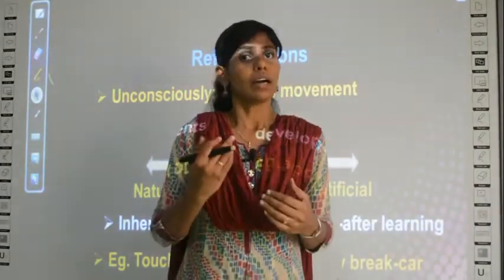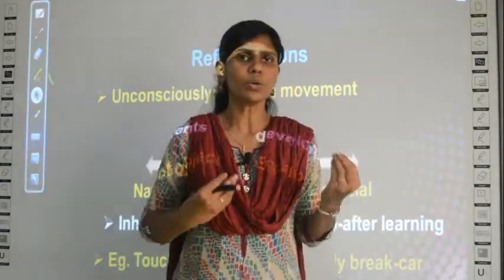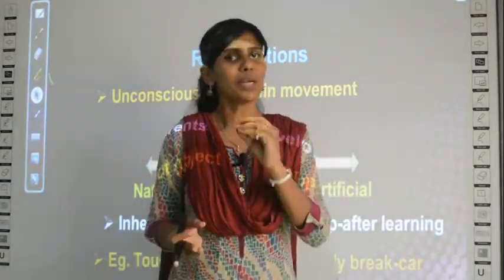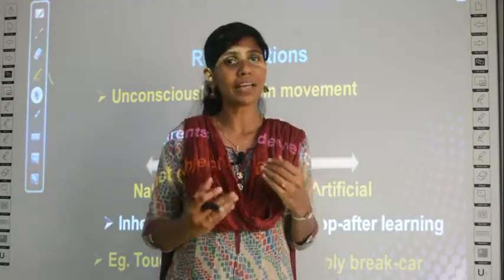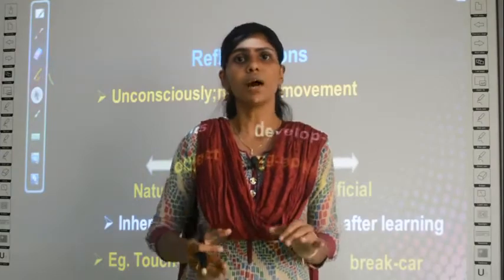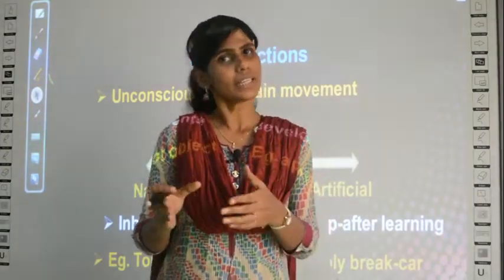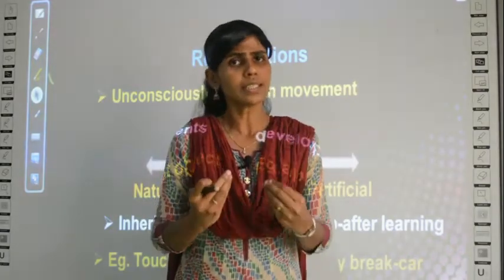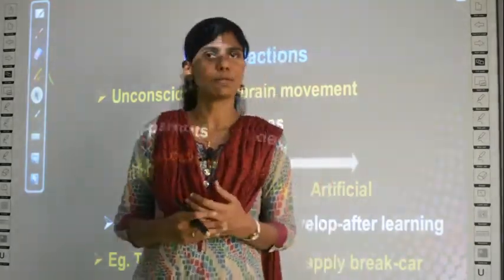This is a learnt reflex, or an artificial reflex, which you gain over the years by your experience. You do not plan every time whether to hold the brake. By yourself automatically your hand will hold the brake whenever it is necessary. This is a learnt reflex action. You have learnt over the years by your experience.